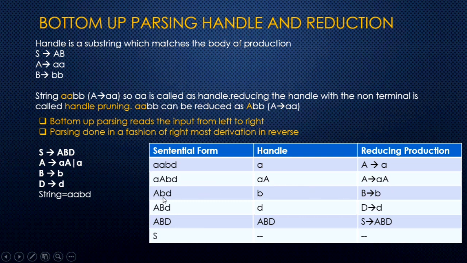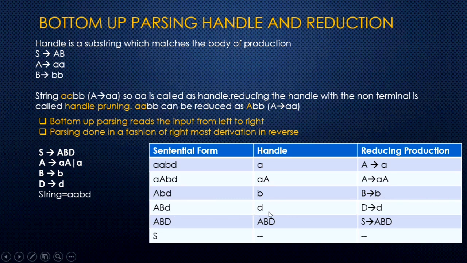So what is remaining? b and d. When I move to the right, b is there. So is there any production for b? Yes, B tends to small b. So b is called a handle. So when I apply this, replacing the small b by capital B, I will get A, B and small d.